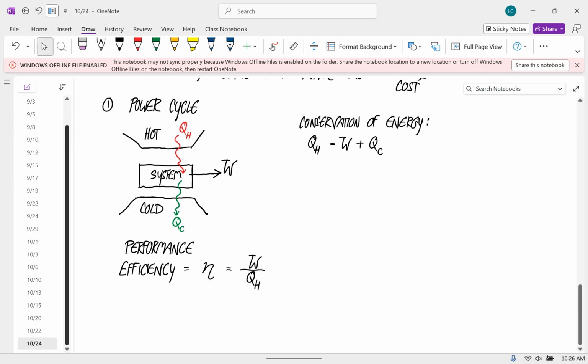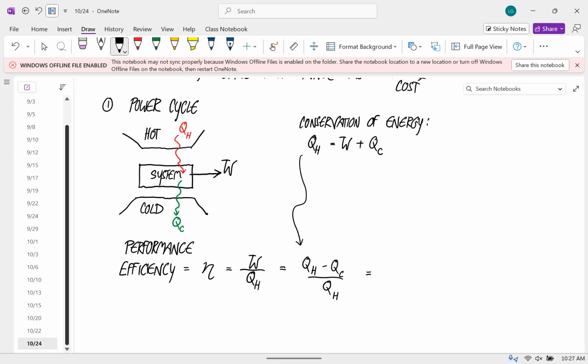And now we can use this first law equation to represent W as QH minus QC. So this is QH minus QC over QH.